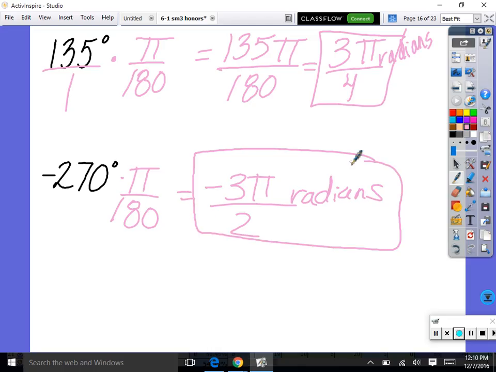Now guys, this is a math answer. So everybody listen, because some of you are going to go on to be engineers. 3 pi fourths, I'm a math person, so I like that answer. If you're an engineer, they're going to say, I don't like that answer. What is the physical radian? So take 3, type in pi, divided by 4.